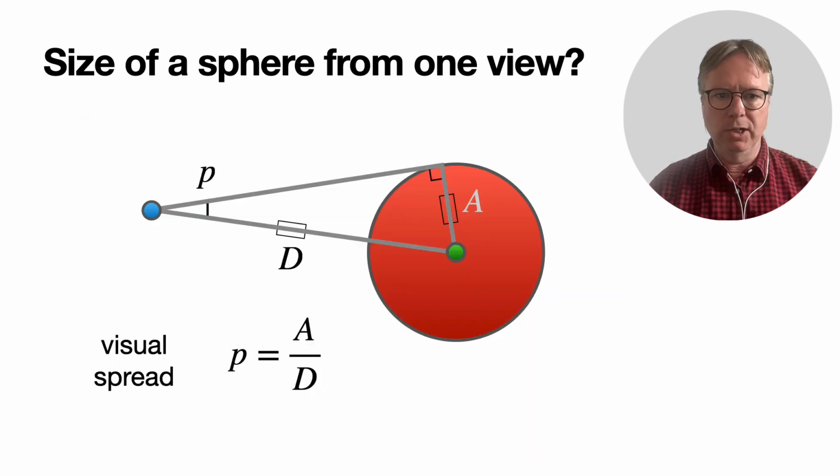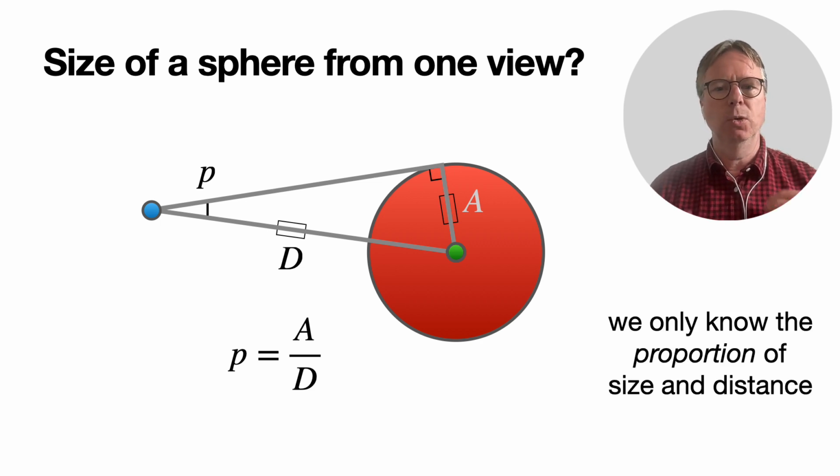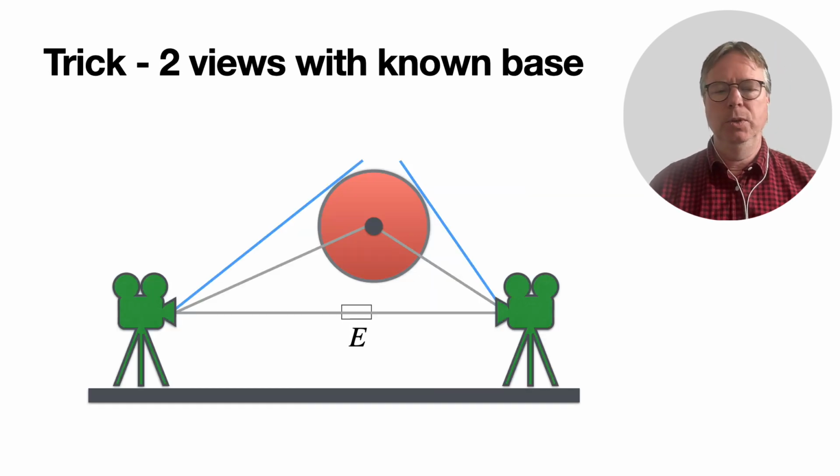And in an earlier lesson, I told you about visual spread. So the visual spread P is A over D. So when we can measure P from the photograph, we only know the proportion of size and distance. So we do not know the size. Well, we can use a trick.